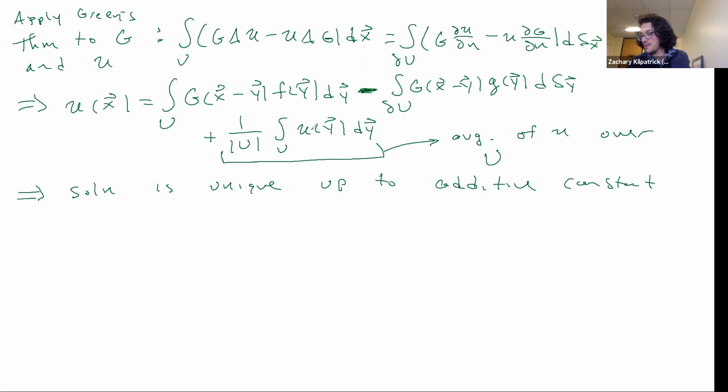The shift that I get will be given by just this integral, as long as I'm shifting U by some constant. That's just going to change the average of this. So this term here represents the presence of that additive constant in my final solution. Okay. Any questions about this?